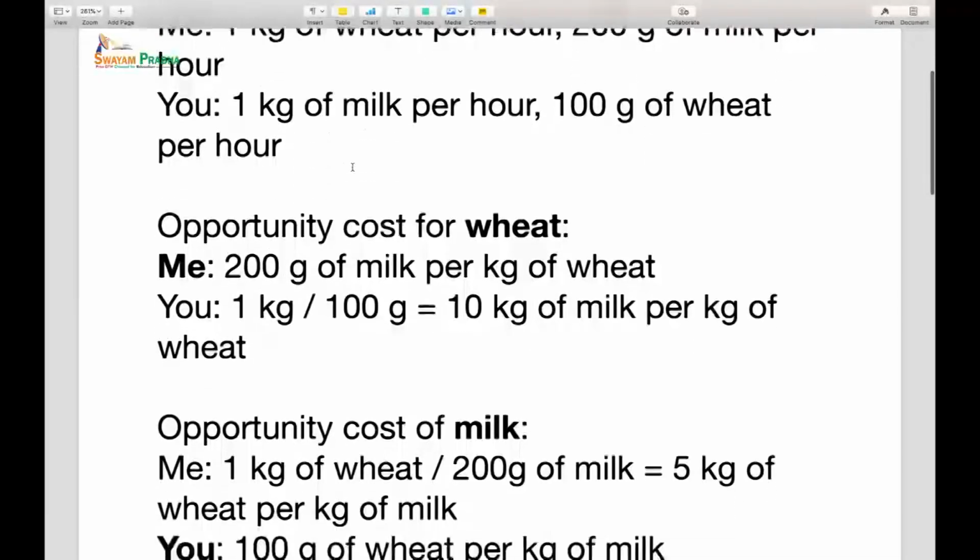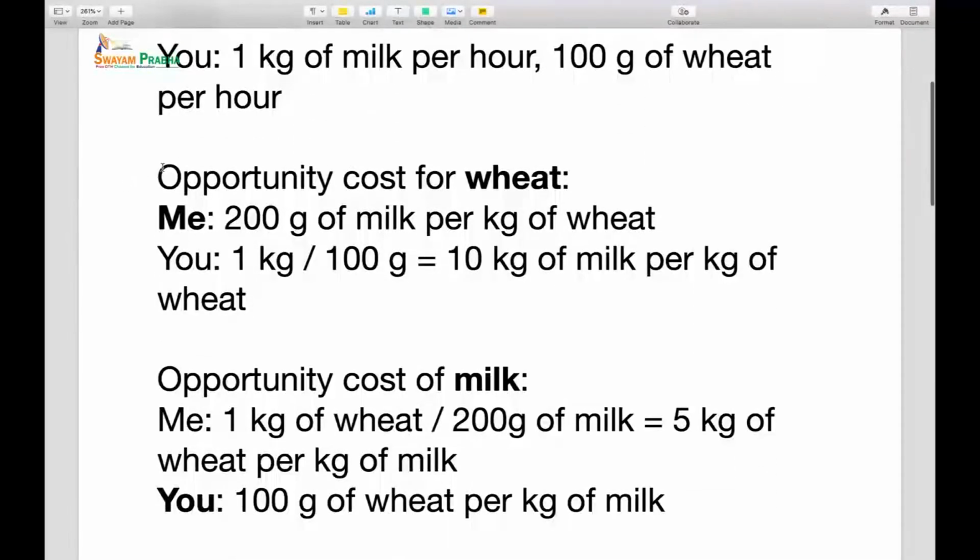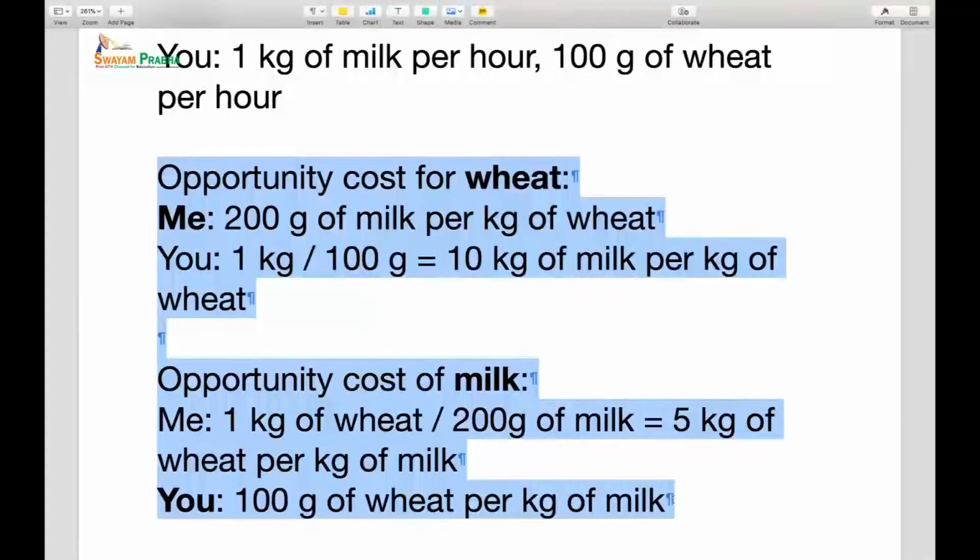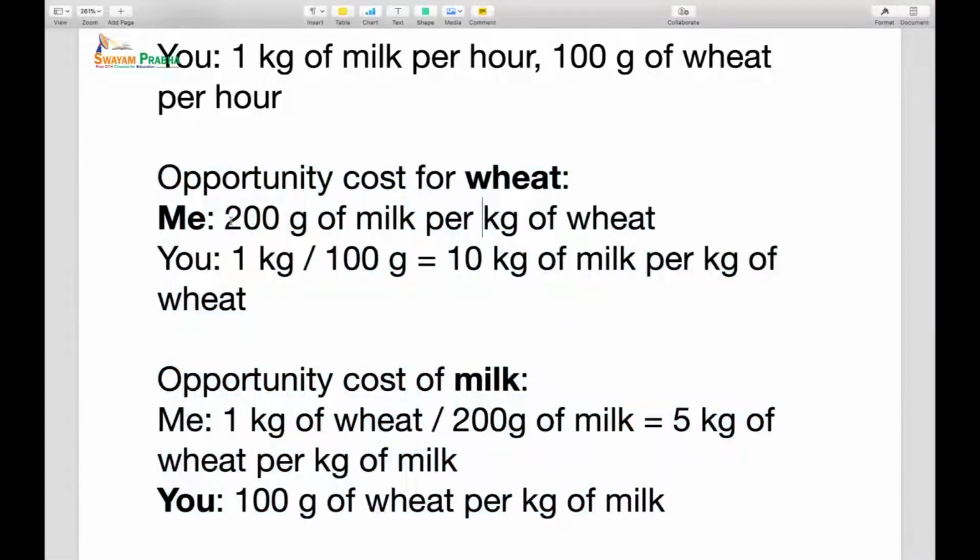What we saw here was that this is the market price, and this is reflecting both the value of the product, because in the case of wheat, I will think that okay, for making wheat, I need to give up 200 grams of milk, and this is also the cost that I'm putting in. Similarly, you can also have an indication of the value and the cost to you.